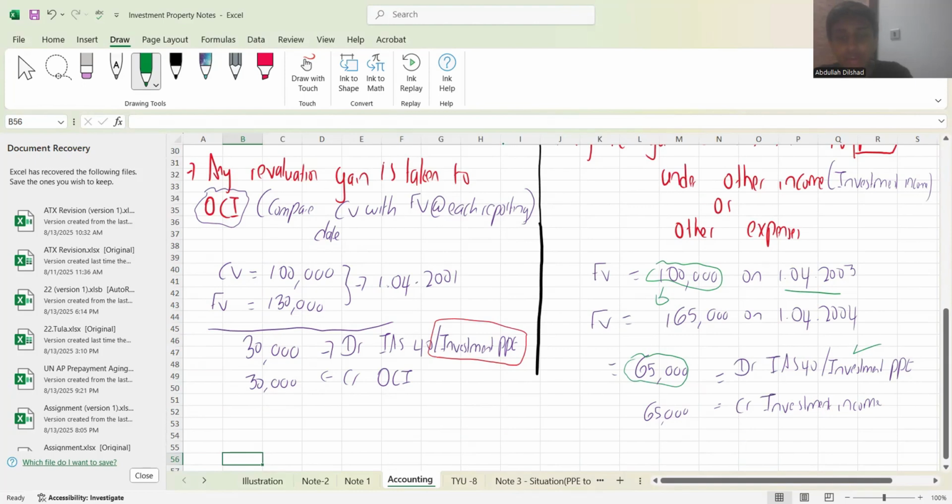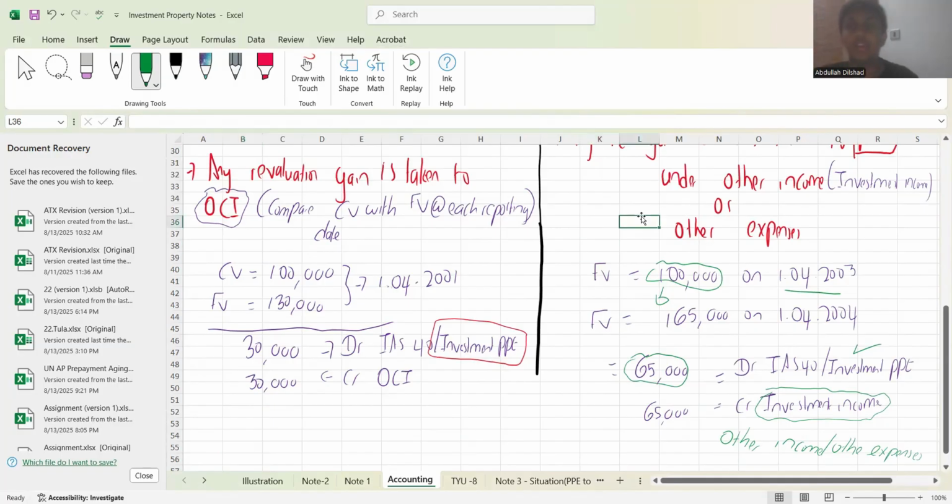But now you need to understand the difference. In the cost model, what we used to do is take any revaluation gain or loss to other comprehensive income, right? But if you are using the fair value model, any gain or loss would be taken under other income or other expenses, right?